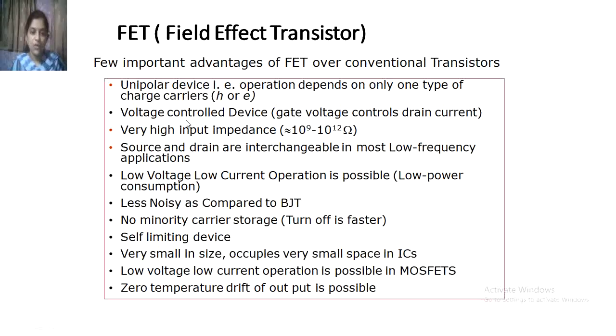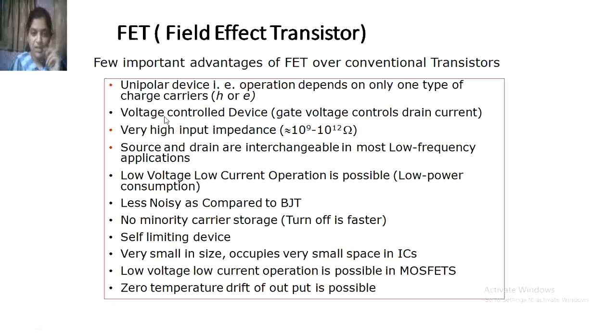Then it is a voltage controlled device. Why is it known as a voltage controlled device? Because the gate voltage controls the drain current. So the input voltage controls the output current. That's why it is known as a voltage controlled device. What about the BJT? BJT is a current controlled device, because IC, the output current, that is the collector current, is controlled by the input current, that is the base current.